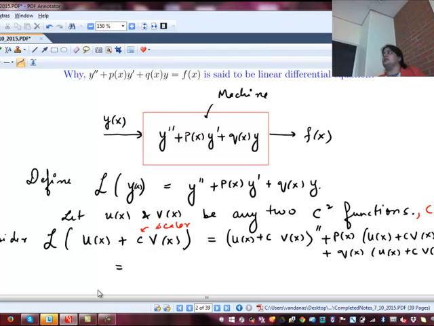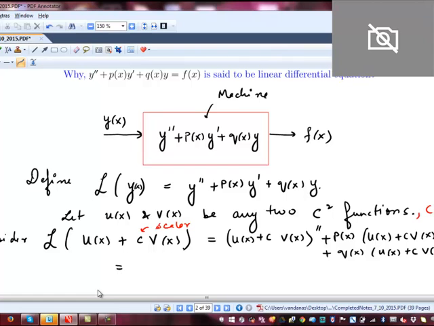So u(x) plus c times v(x), double derivative, is equal to e to the power 3x and e to the power 5x double derivative.